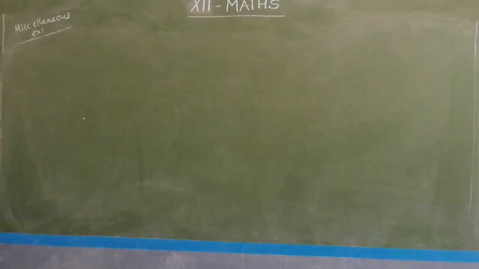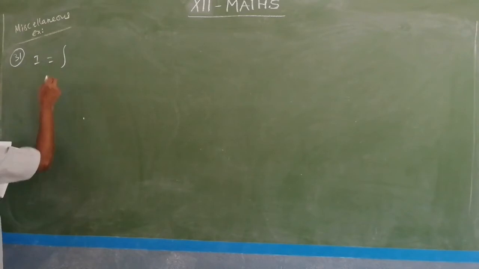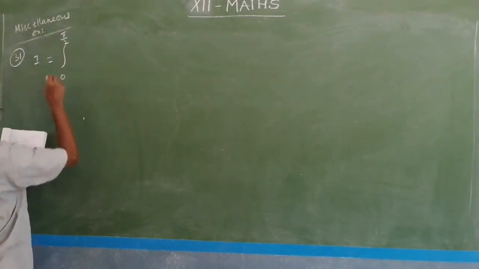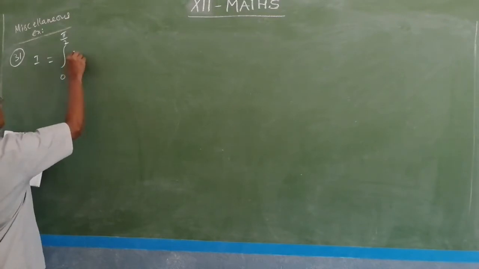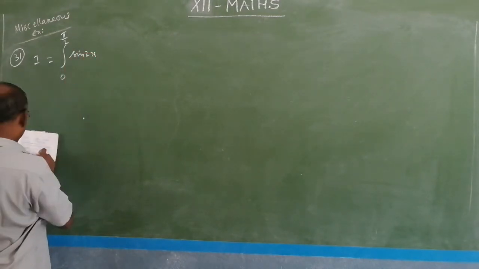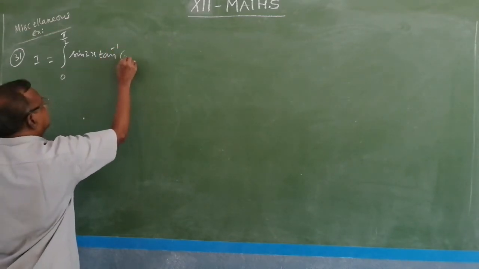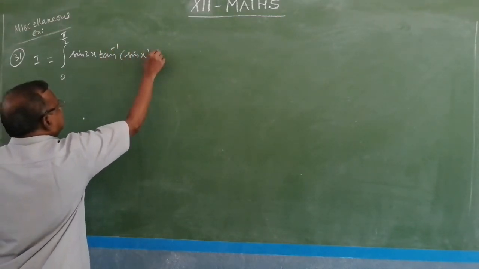This is question number 31. I equal to integral 0 to pi by 2 of sin 2x into tan inverse of sin x into dx.